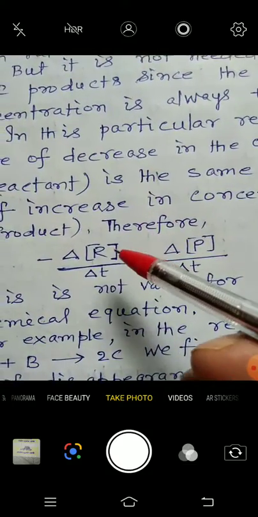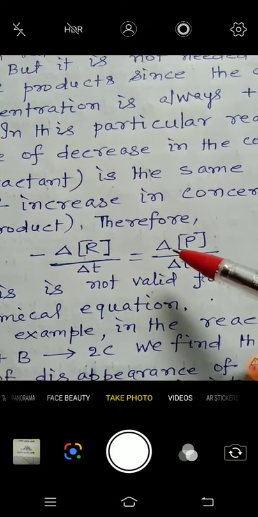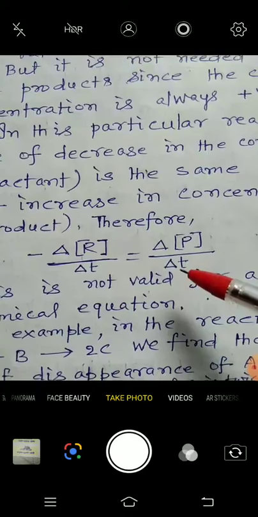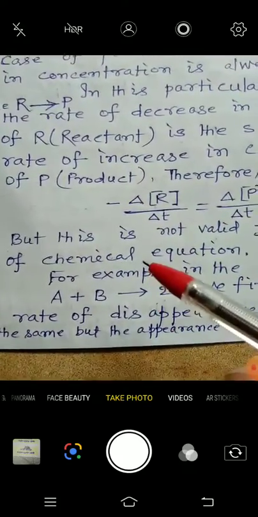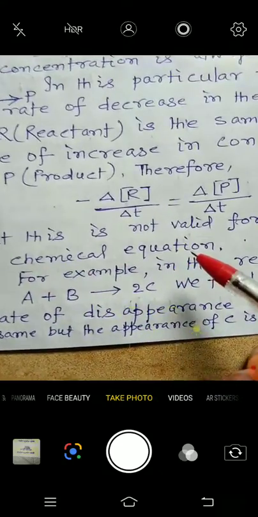Therefore, minus delta molar concentration of R by delta T is equal to delta molar concentration of product by delta T. But this is not valid for all types of chemical reactions. This is a very simple reaction.